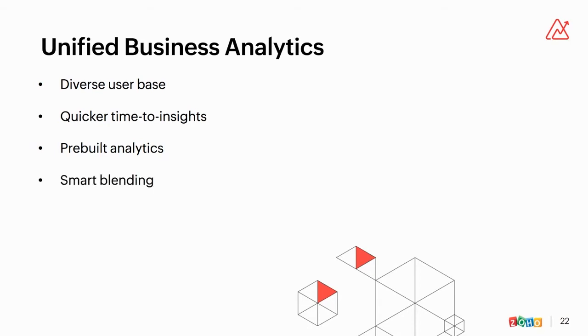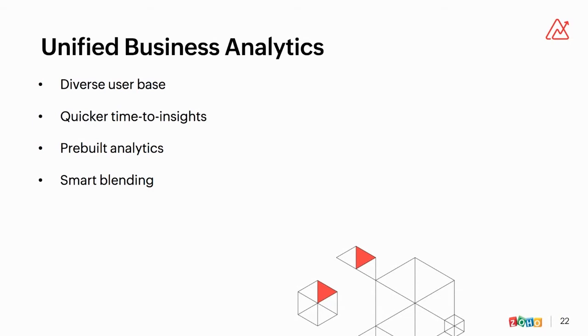The smart blending capability in the unified business analytics domain is certainly a game changer. It helps enterprise businesses automatically model and blend data from different sources, enabling businesses to have real-time cross-functional insights that provides a 360-degree view of their business.